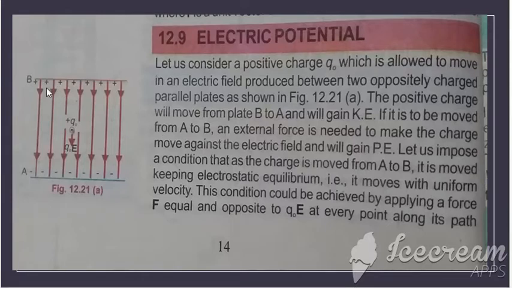So B plate will repel it. For this purpose we have to apply an electric force to keep this charge moving towards B. Here it is written, if it is to be moved from A to B, an electric force is needed to make the charge move against the electric field.